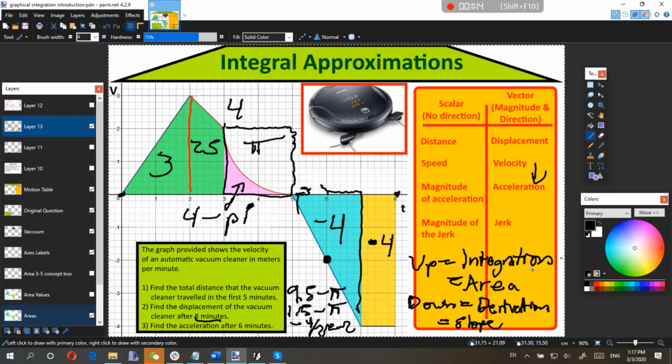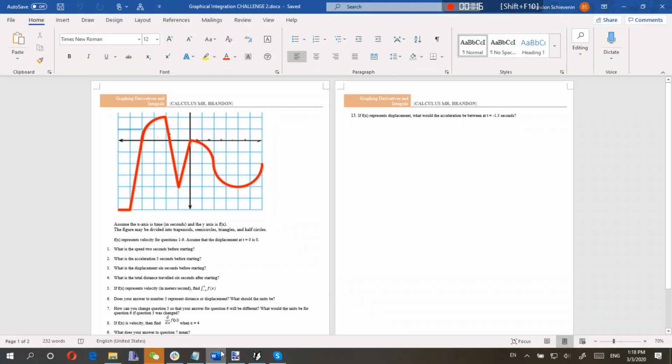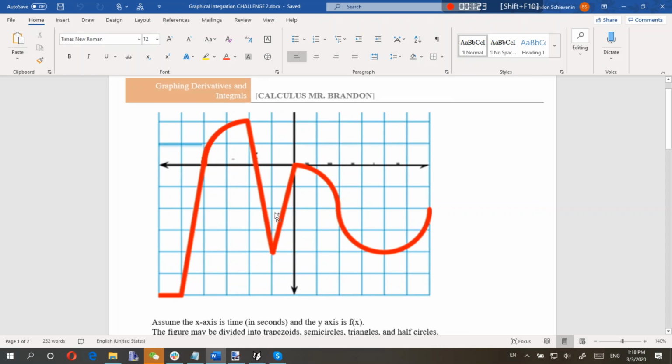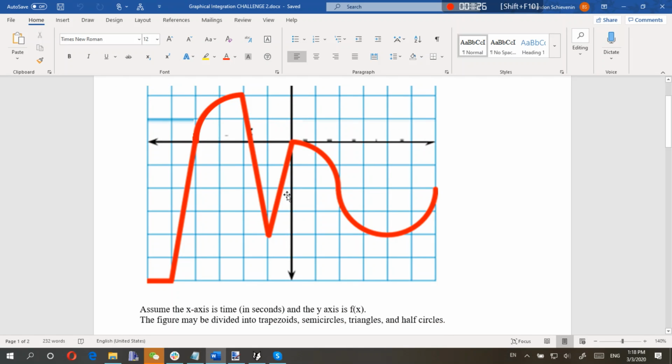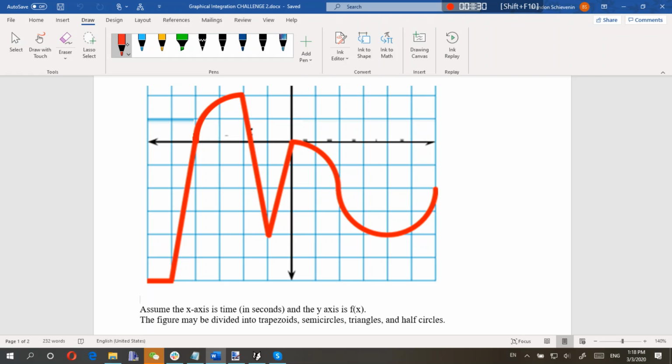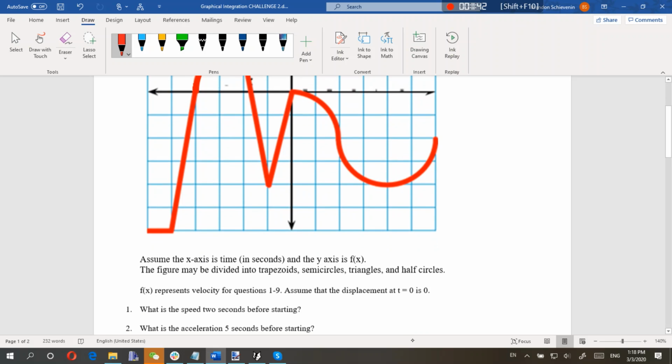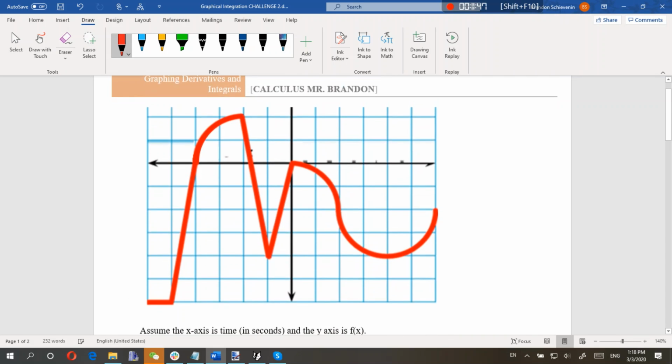Okay, I'm going to try a harder one. I'm told that this figure we've created here can be divided into trapezoids, semicircles, triangles, and half circles, and that for questions 1 through 9, f of x is velocity.